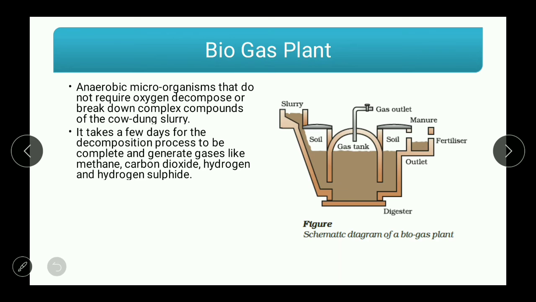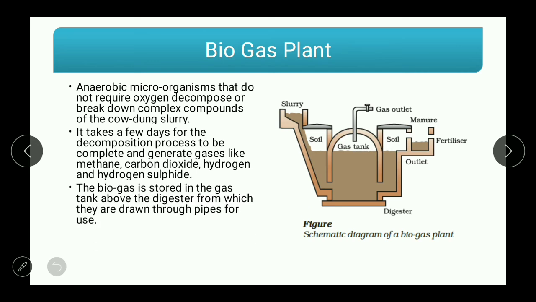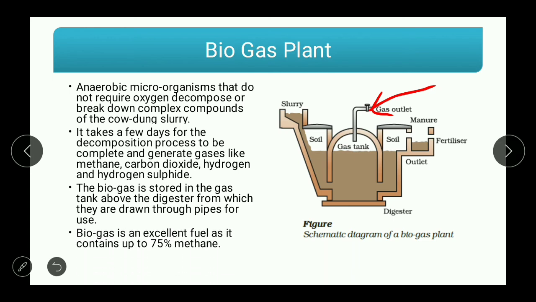It takes few days for decomposition process to be complete and generate gases like methane, carbon dioxide, hydrogen and hydrogen sulfide. The biogas is stored in the gas tank above the digester, from which they are drawn through pipes for the use. So here there is a gas outlet from where we can take gas for our domestic use.